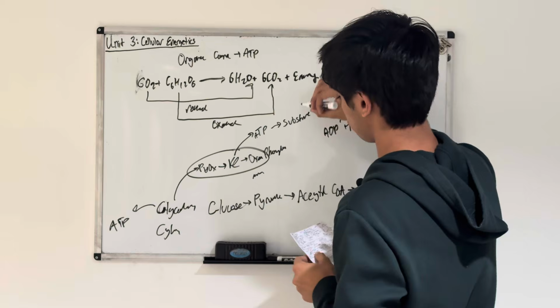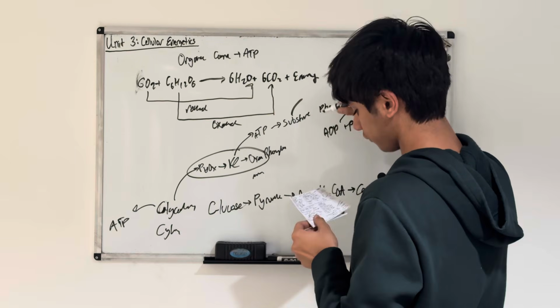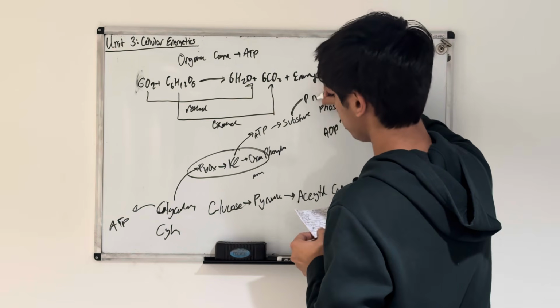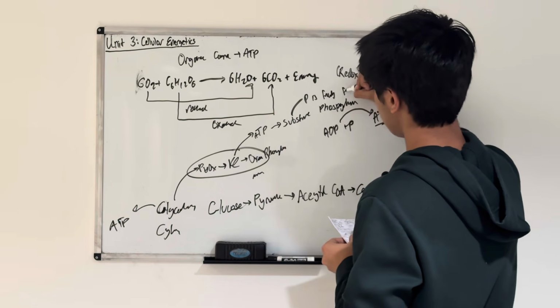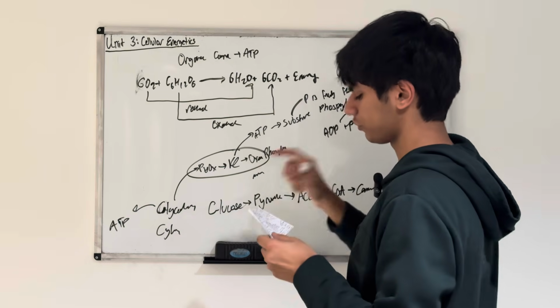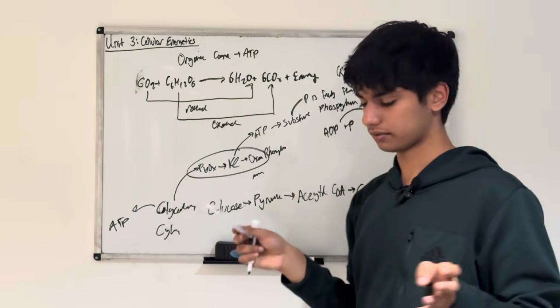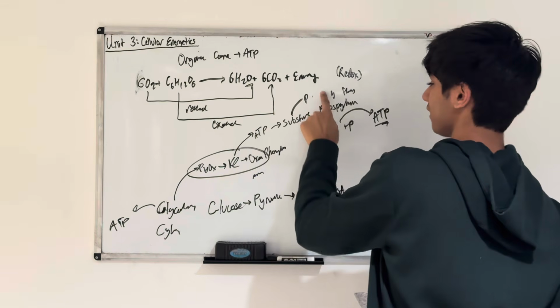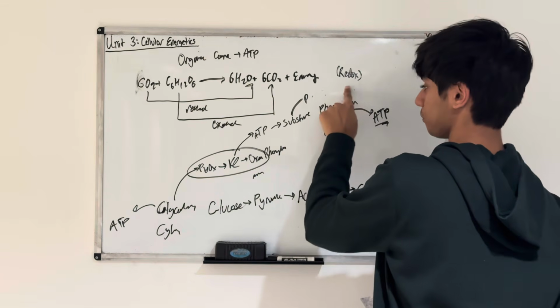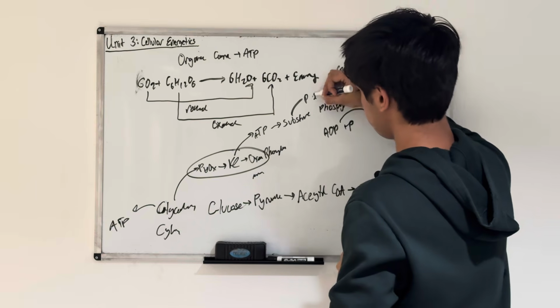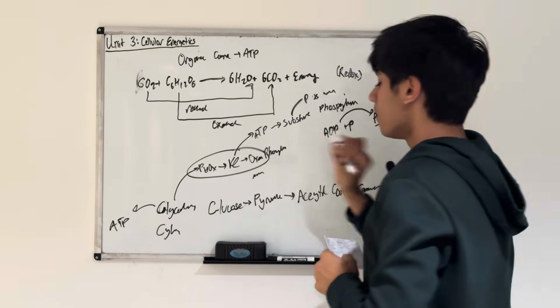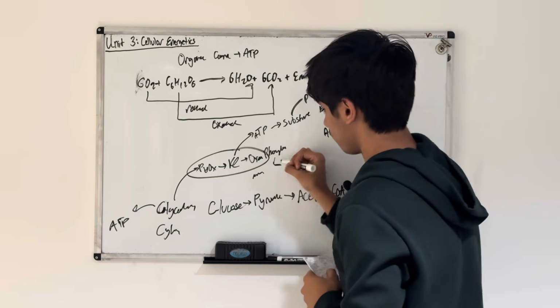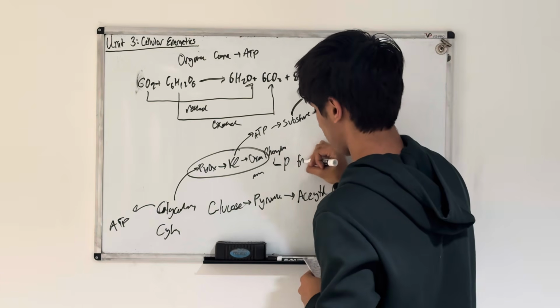With substrate phosphorylation, the phosphate is from the substrate, right? But with oxidative phosphorylation, the phosphate is just freely floating around, okay?